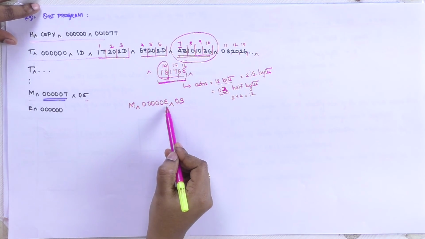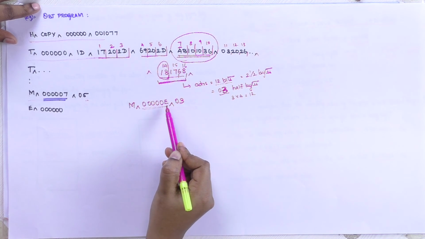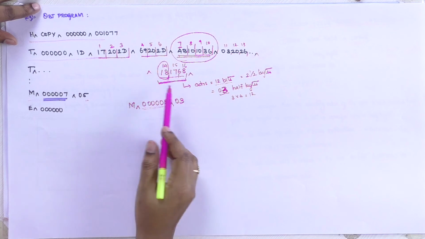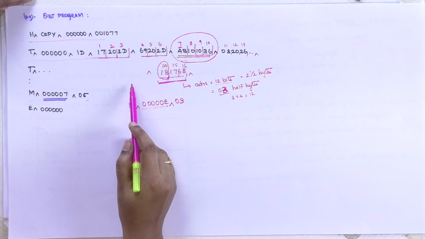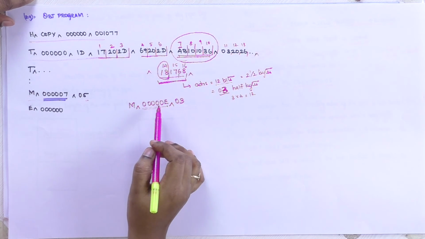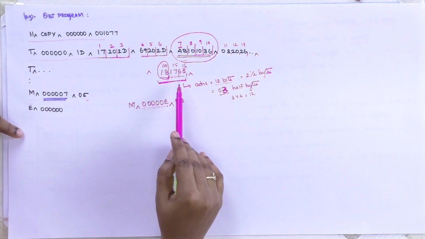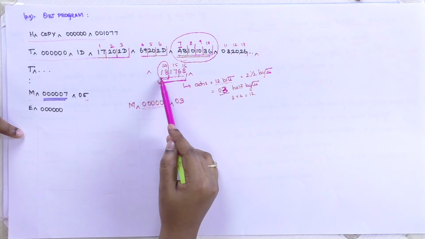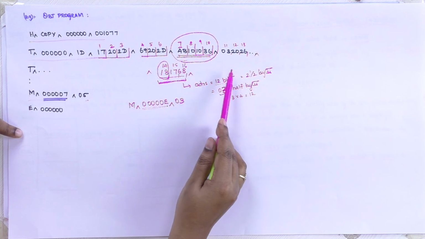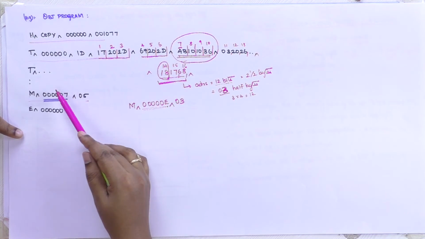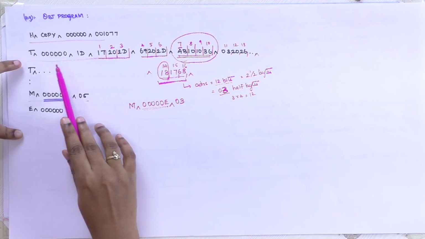Hope you understand how to form the starting address of the object code to be modified. Simply, you just check the location counter value, add 1 to it, and that becomes the starting address. If an object program is given, you have to add like this. This is for a specific text record, so the object code has to be added in an incremented way.